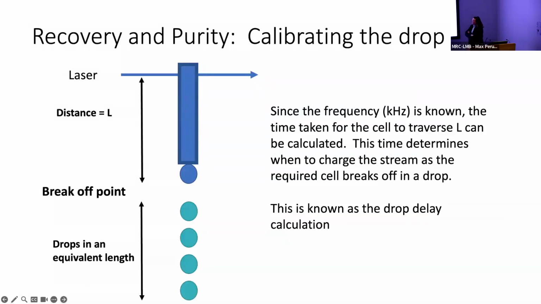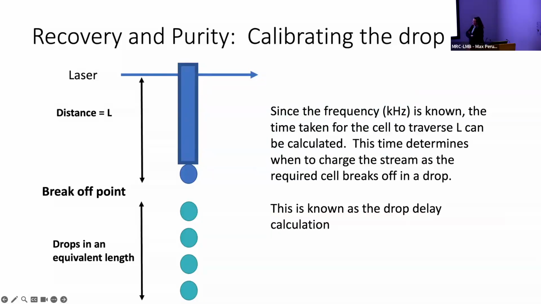Since we know the frequency, we can calculate the time taken for the cell to traverse the distance between the laser interrogation point and the point at which it breaks off to be sorted. This is known as the drop delay calculation.